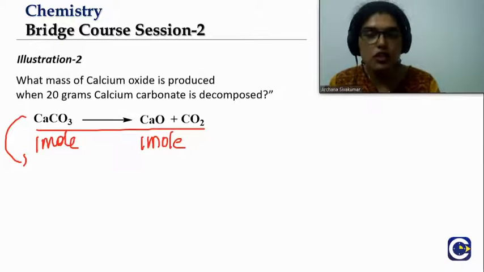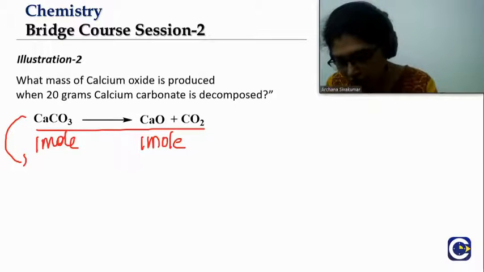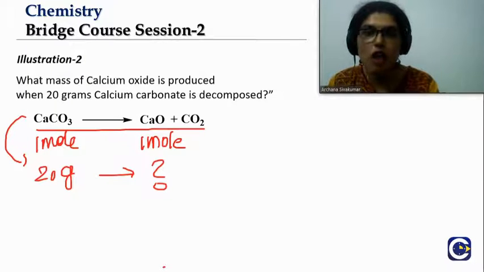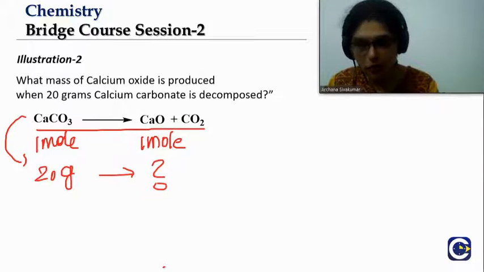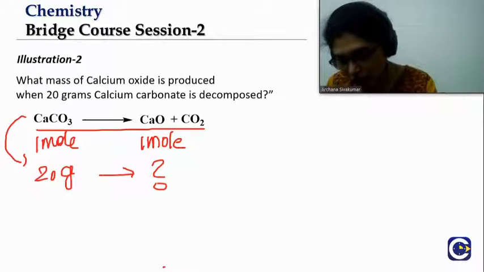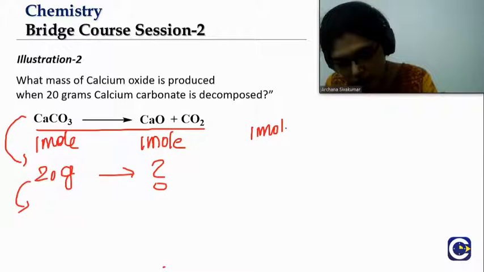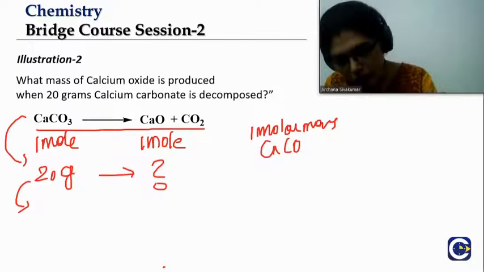Am I right? So based on that, how many grams of calcium oxide will 20 grams give is the question. In 20 grams, what is the mole? I have to convert it, right? The molar mass of calcium carbonate is equal to 100 gram per mole, right?